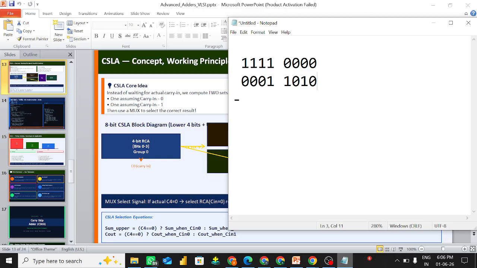If your lower bits generate a carry, it will be transferred to the upper bits. So what you compute first is your lower block. What is your upper block doing? The upper block is going to wait for the carry generated from the lower block.